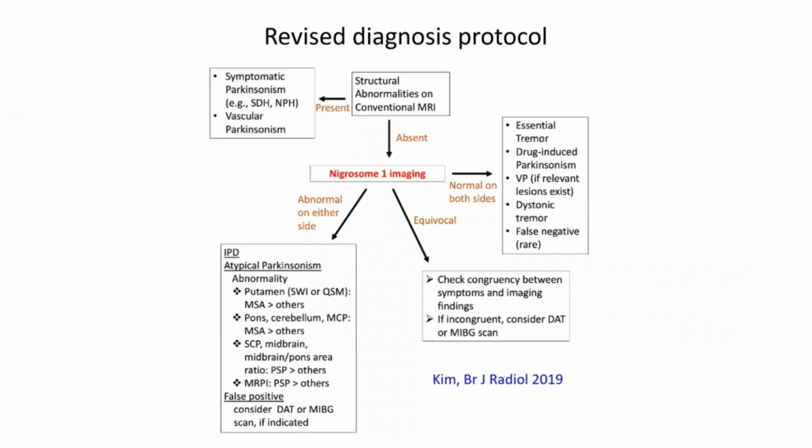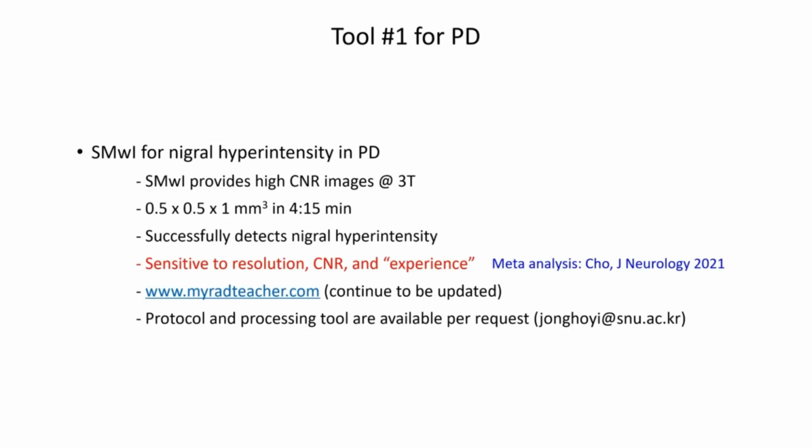And based on all these clinical outcomes, Dr. Kim has suggested a new way of following the clinical procedures for the patients, so that we can reduce the amount of DAT PET scans for the patients. So if I can summarize the first tool that I present today, it is about this nigral hyperintensity using SMWI.